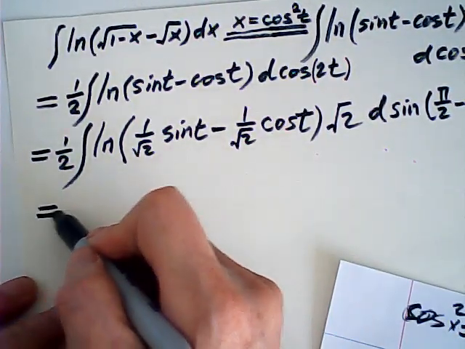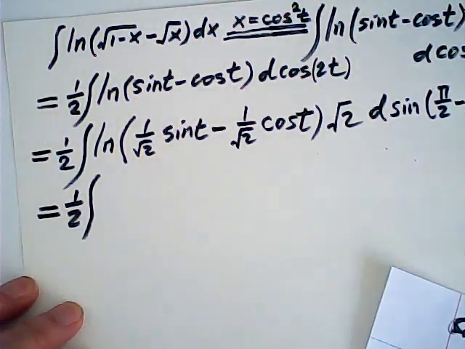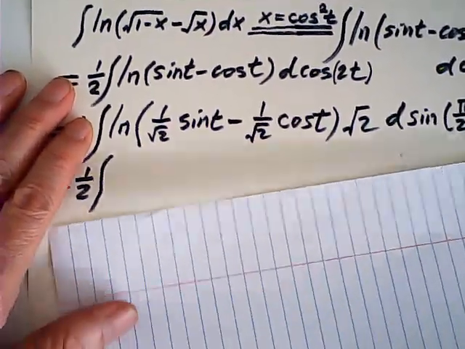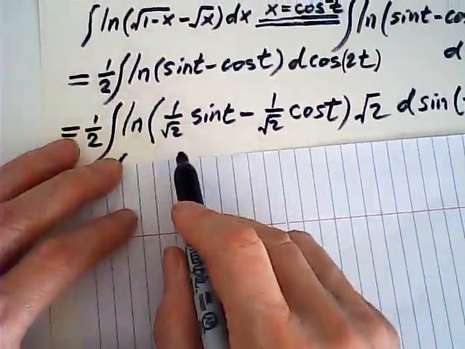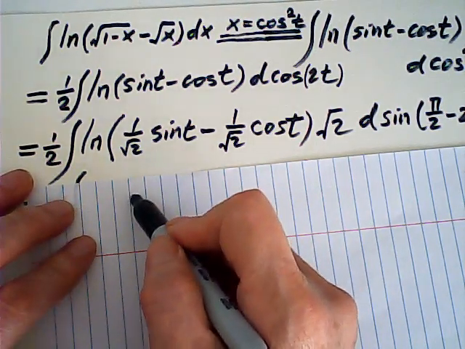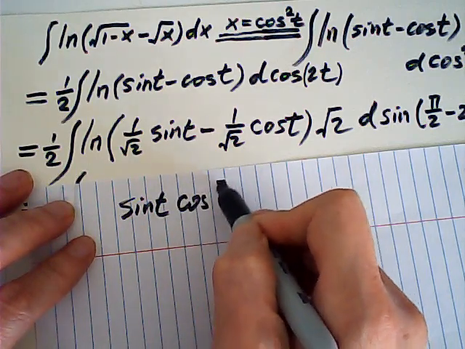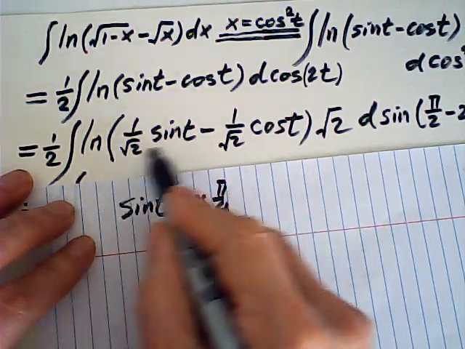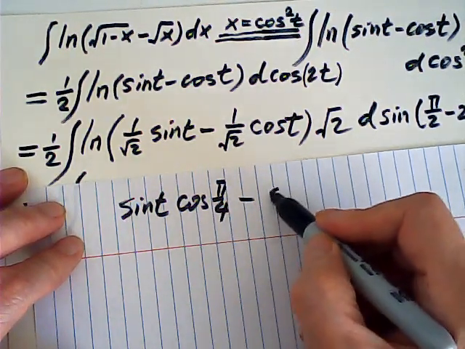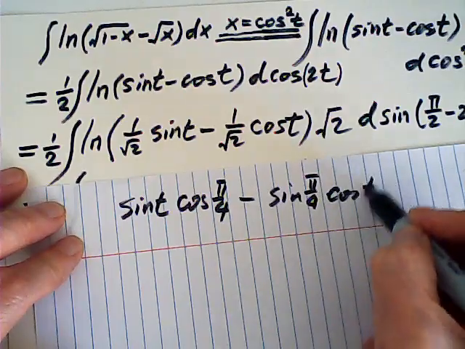Now you see the reason I'm doing it this way, because 1/√2 is a cosine quarter pi. So sine t times cosine quarter pi, that is this, minus 1/√2 is a sine quarter pi times cosine t.